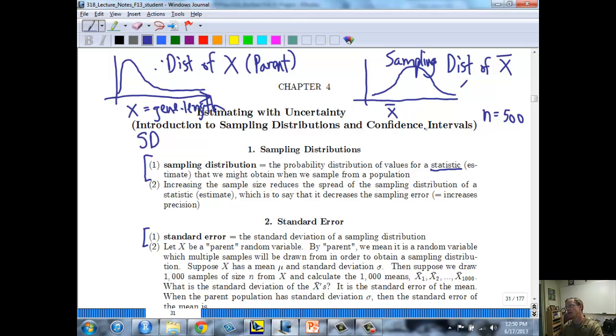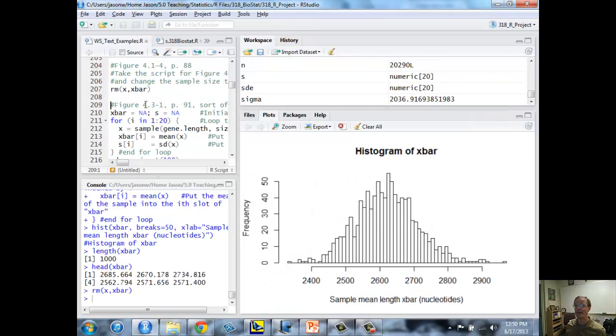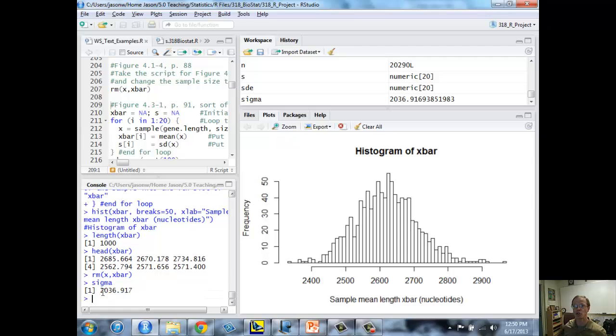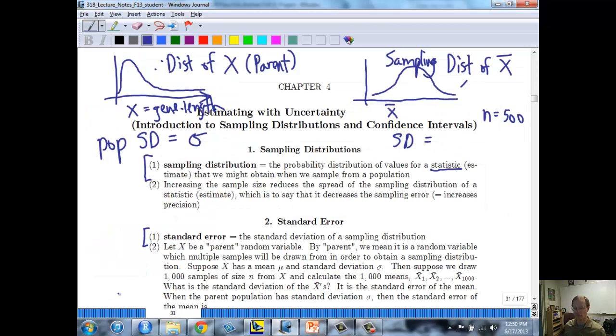The standard deviation of X bar turns out to be... the population standard deviation of X is denoted by sigma, okay? That's the true population value, and we called it sigma, and it's 2036, okay? So when we come over here, that's 2036.